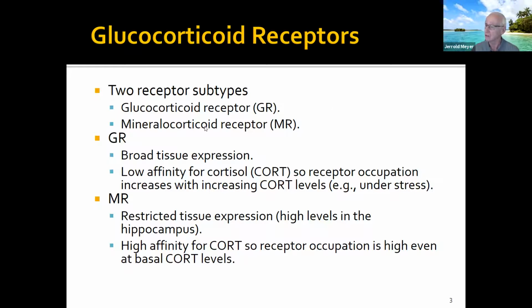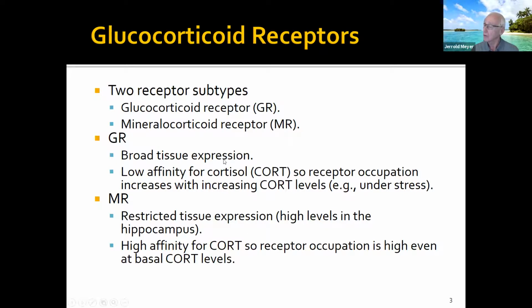Despite being called the mineralocorticoid receptor, it does bind and is activated by glucocorticoids, at least cortisol anyway, not all glucocorticoids. So GR has a broad tissue expression. Most organs in the body express this receptor, which allows cortisol and other glucocorticoids to have very diverse effects throughout the organism's tissues, including the brain.